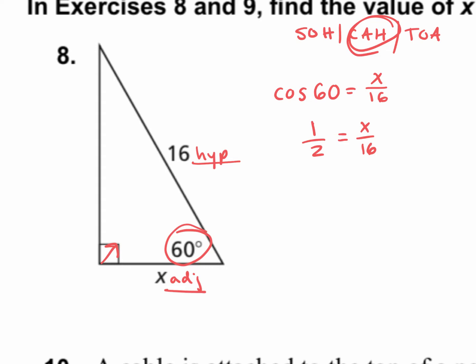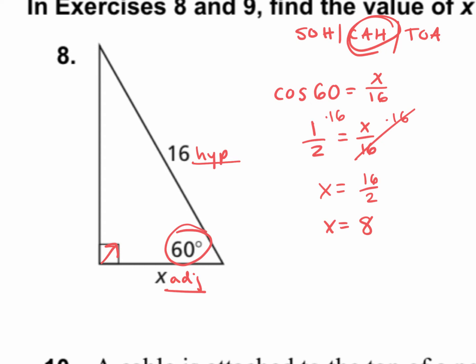How do we solve for x from here? We can cross multiply, or we can just multiply both sides by 16. Either way works. It's like one step less doing it this way, I think. But you could definitely cross multiply, you'll get the same thing. So we get x is equal to 16 divided by 2, which is 8.